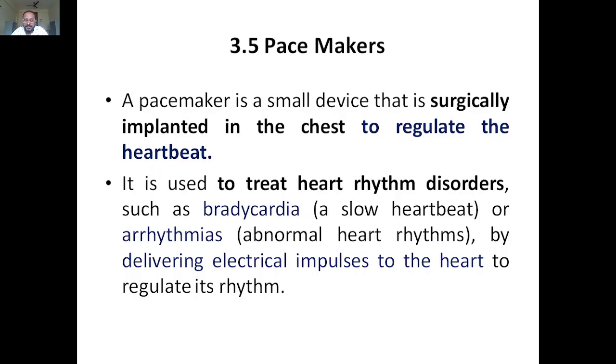So far we discussed the brain and the eye, around 7 subtopics in the brain and around 5 subtopics in the eye.